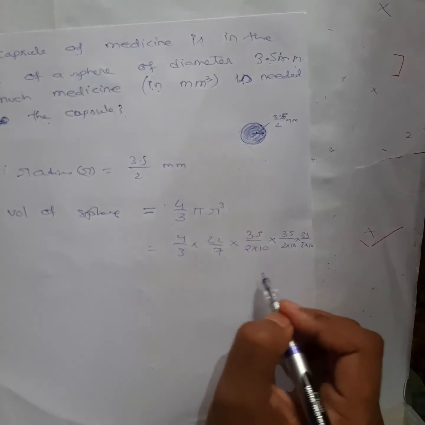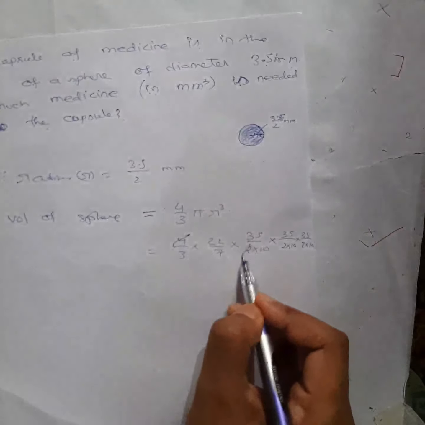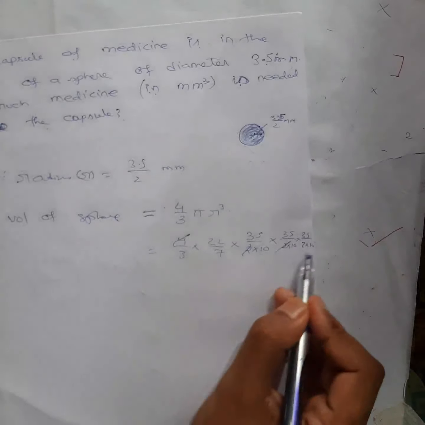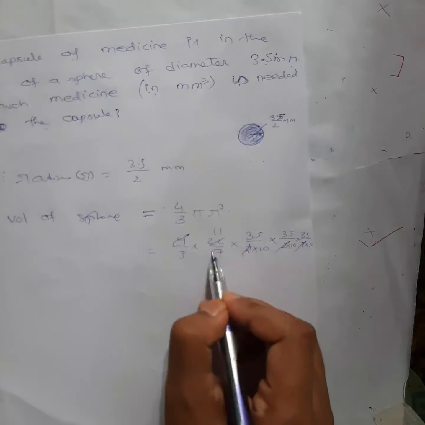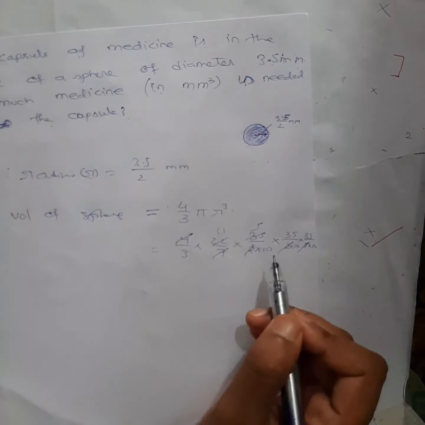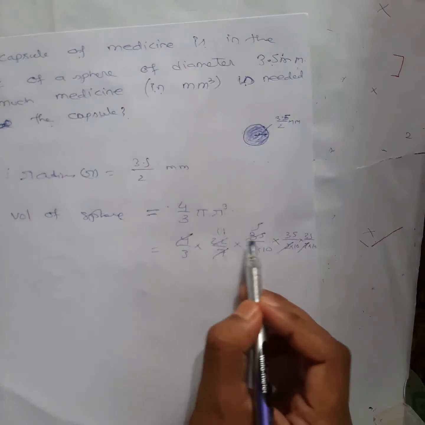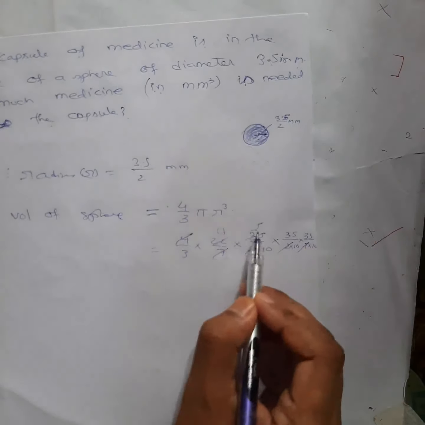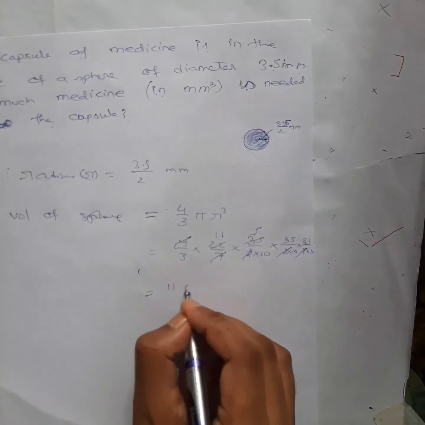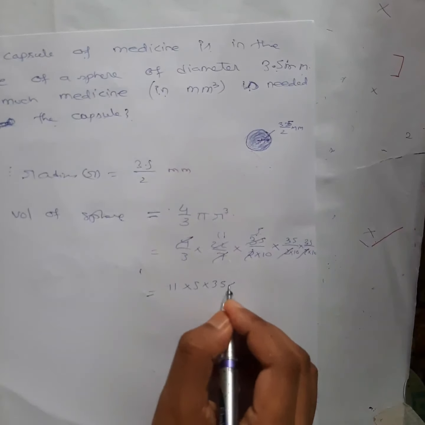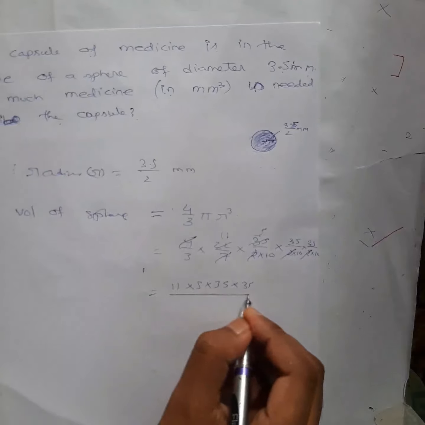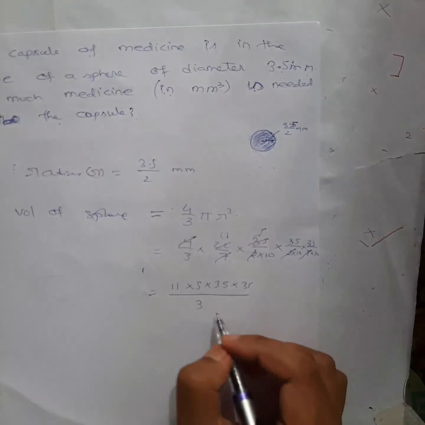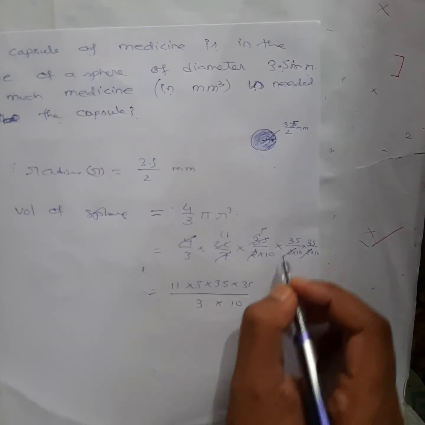Okay. So this 4 and 2 will get cancelled, this 2 and 11 will get cancelled, 7 5s or 35 will get cancelled. So you just multiply these quantities, that is 11, 5, 35 and 35, and then divide by 3. Whatever comes out, you write down and then use these 3 zeros.